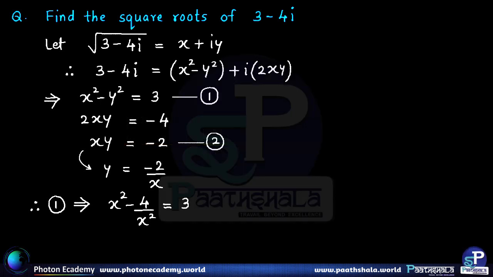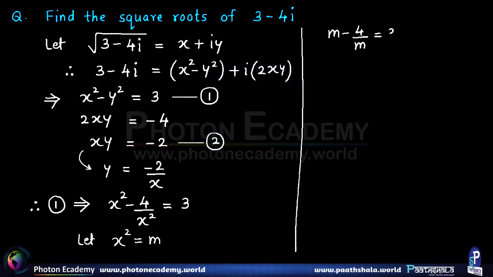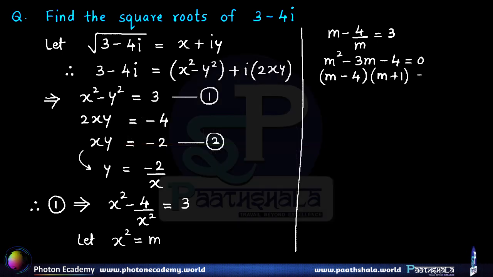Now if we temporarily consider x square as another variable, say m, we have m minus 4 upon m equal to 3. So that gives us m square minus 3m minus 4 equal to 0. On factorizing we have m minus 4 and m plus 1 equal to 0, which gives us m equal to either 4 or minus 1.